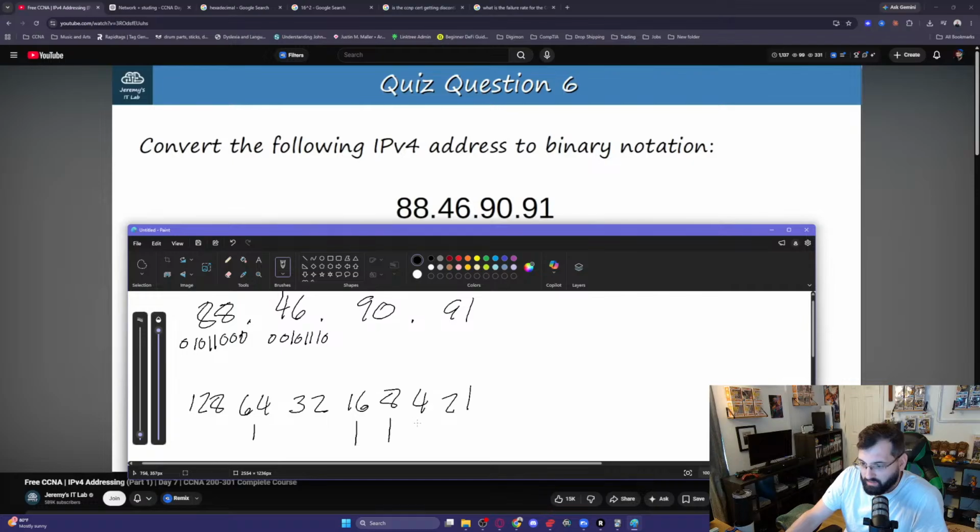Wait, what is 64 plus 15? No. Hold on. I tried to skip steps, and then it bit me in the ass. 64 plus 16 is 80. 80 plus 8 is 88. 88 plus 4 is 92.